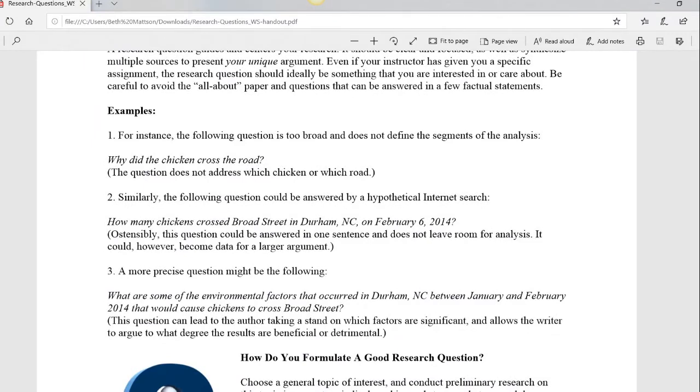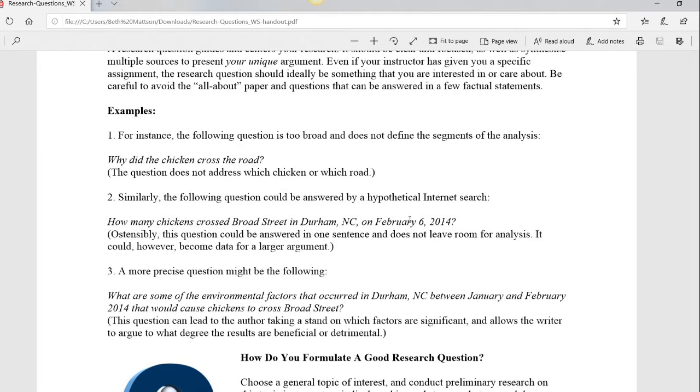Similarly, the following question could be answered by a hypothetical internet search. How many chickens crossed Broad Street in Durham, North Carolina on February 6, 2014? Ostensibly, this question could be answered in one sentence and does not leave room for analysis. It could, however, become data for a larger argument.